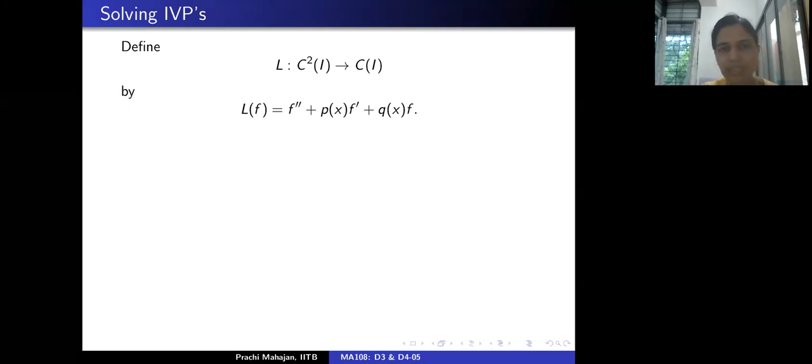Please note that the output L(f) is a continuous function on the interval I. Is that okay? Yes, ma'am.